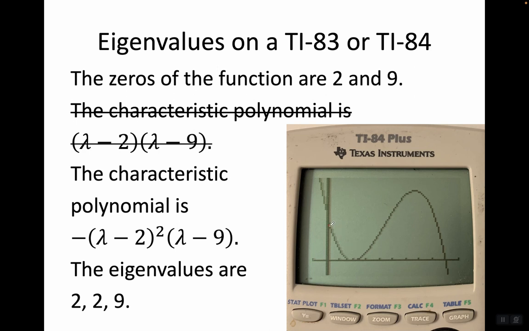It's because the graph doesn't cross the x-axis. Instead, it bounces. And if there's a bounce, that means the zero is going to be of even multiplicity. So this could be 2 or 4 or 6. This crosses the x-axis, so it's going to be of odd multiplicity. So it could be lambda minus 9 or lambda minus 9 cubed, etc.